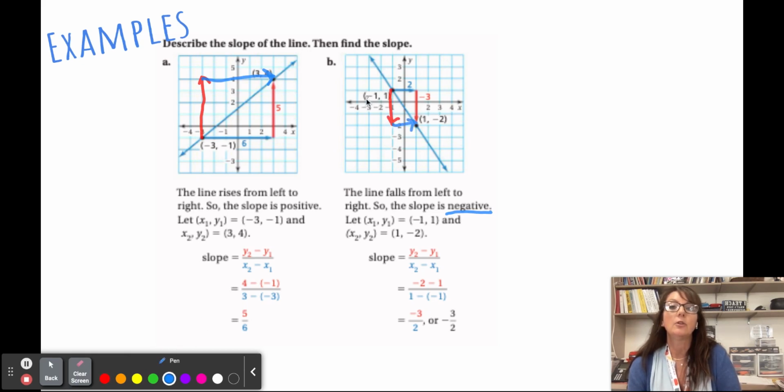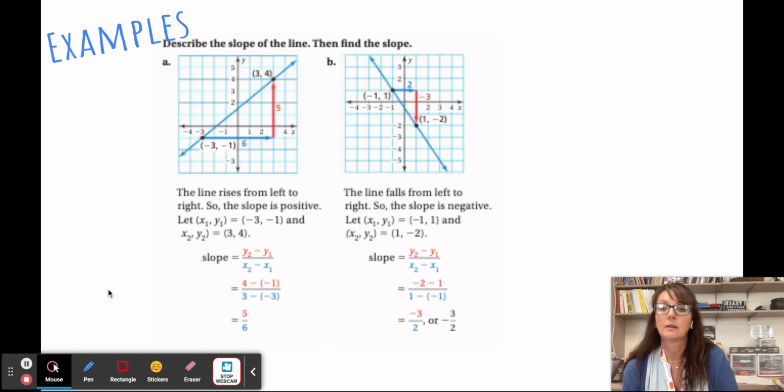Doesn't matter which point you start with, but they're taking negative 2 minus 1 over 1 minus the negative 1. So look at that when you have this double negative. Remember, you're adding. So this becomes your negative 3 over a positive 2. So only one of them is negative, and that's how you get the negative number.